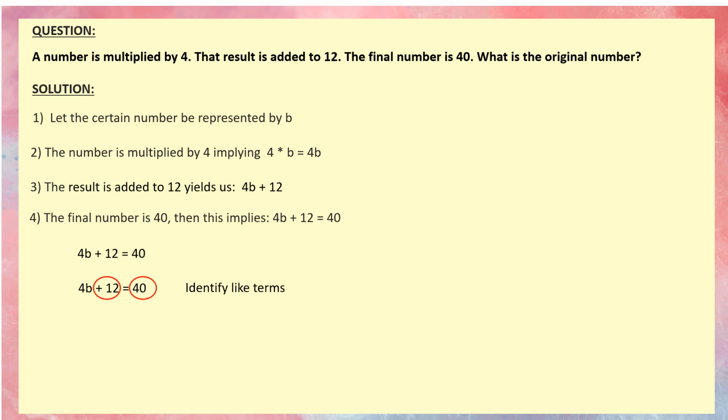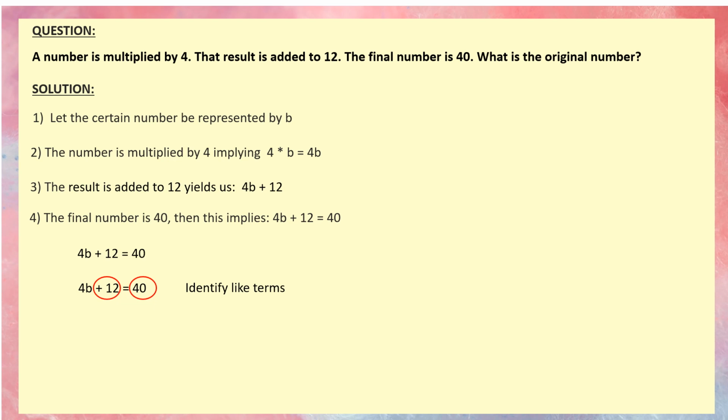So generally the sign in front of a number is the sign assigned to the number. So for instance, you have plus 12, and then by the time you take it to the right hand side, it now becomes minus 12.